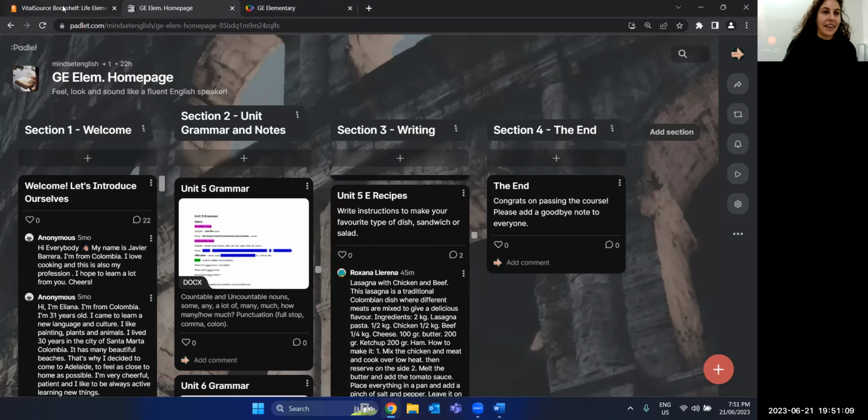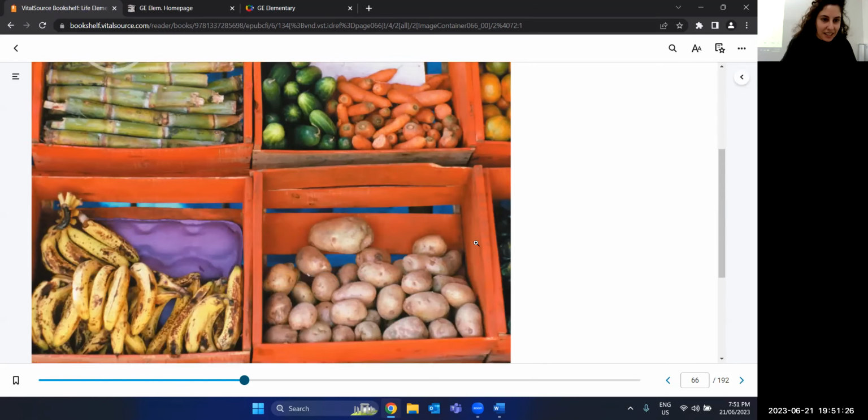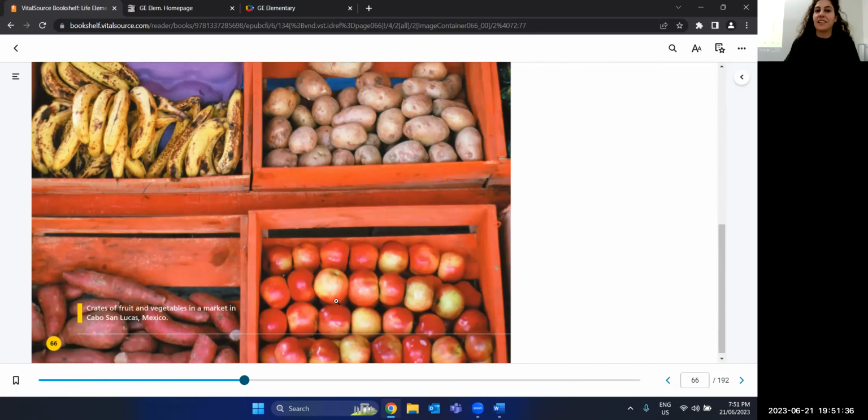Very good. Okay, so let's continue with our book. We're on 5F. So we're looking at the World Food Quiz. I can see, is there a caption? Yes. It says crates of fruit and vegetables in a market in Cabo San Lucas, Mexico.